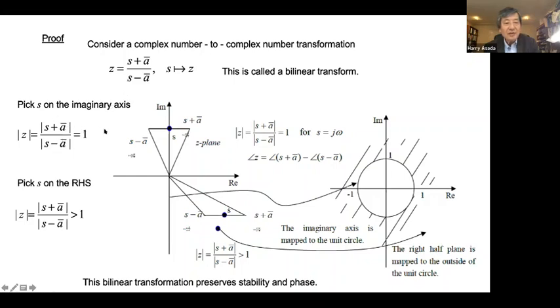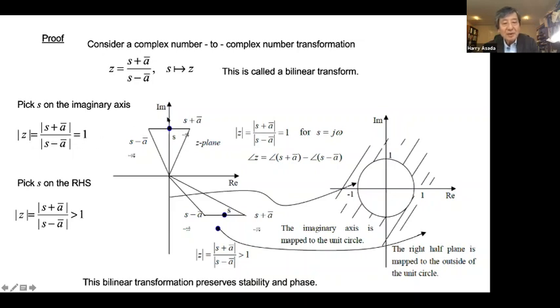For s plus a bar, you go in the plus direction by a bar and arrive at this point, and the absolute value of this point is this length. For s minus a bar, you reach this point, and the absolute value is this length. As long as you pick s on this imaginary axis, the lengths are the same, so this ratio is 1. Having said that, z's magnitude is 1.